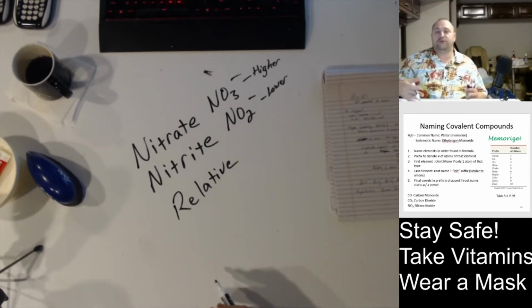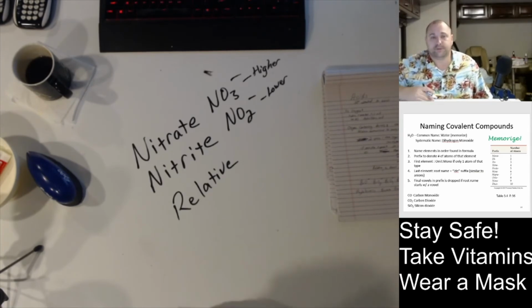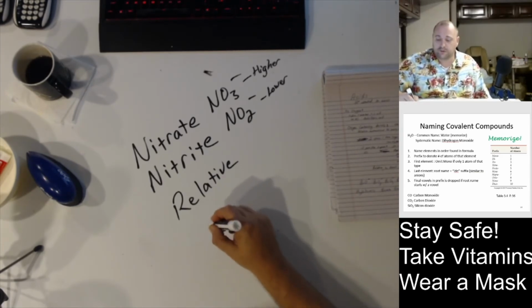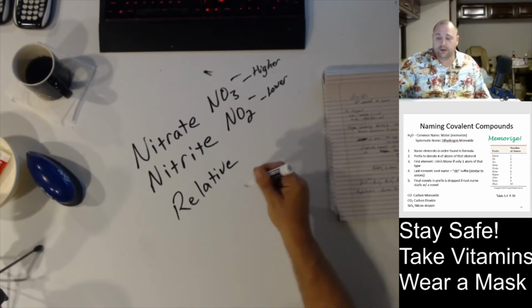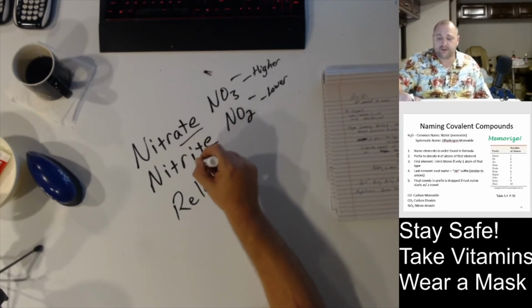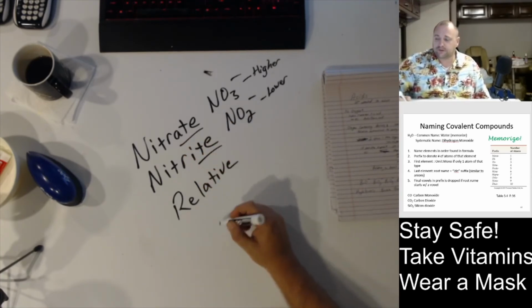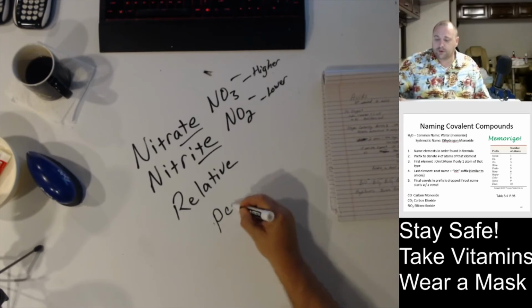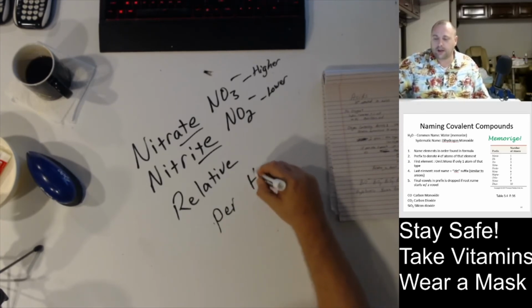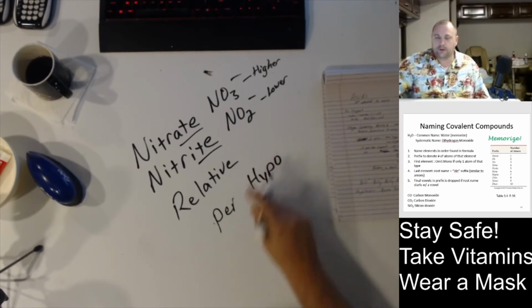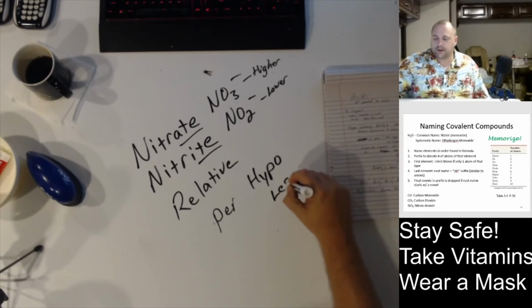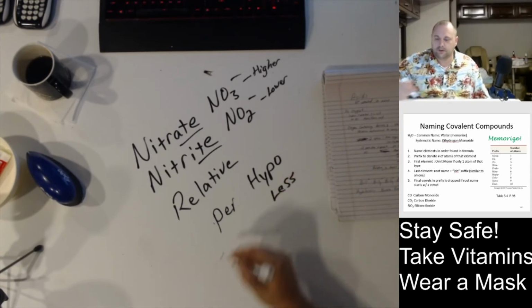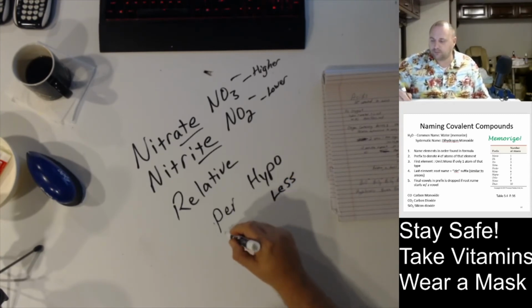Now, some of them will have more than 2 options. So we also use prefixes along with the suffixes. So here's my suffixes. And the prefixes we use are per and hypo. So hypo is less, and per then is going to be our more.